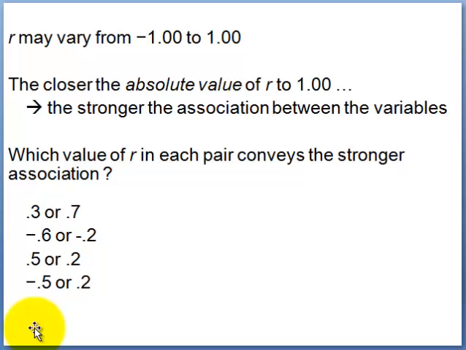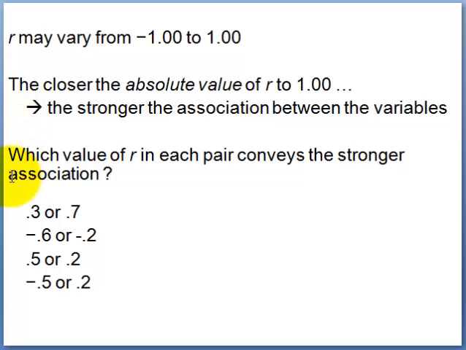As I mentioned in the last video, R is a workhorse measure. It's used again and again, and one of its great features is that its value may vary from -1 to 1. So those are clearly very easy numbers to remember. The closer that the absolute value of R is to 1, the stronger is the association between the two variables that are involved.